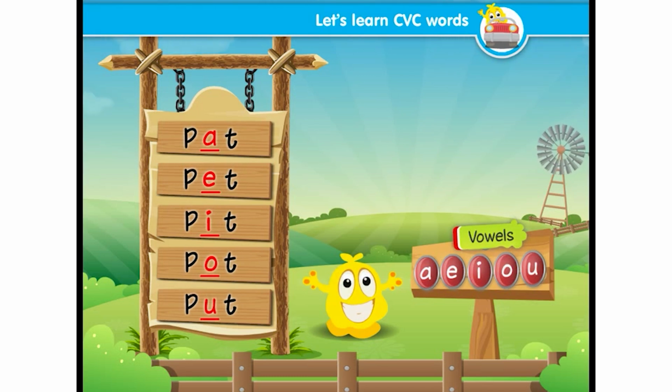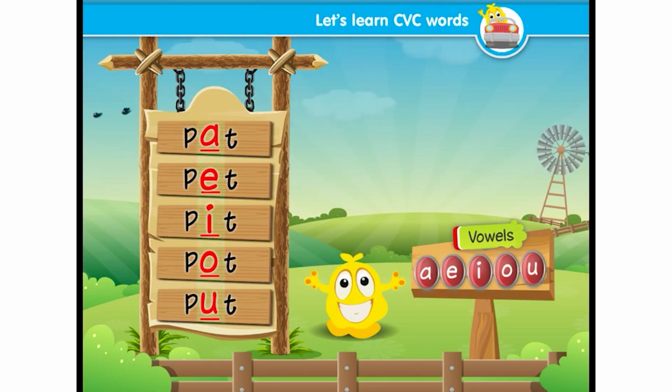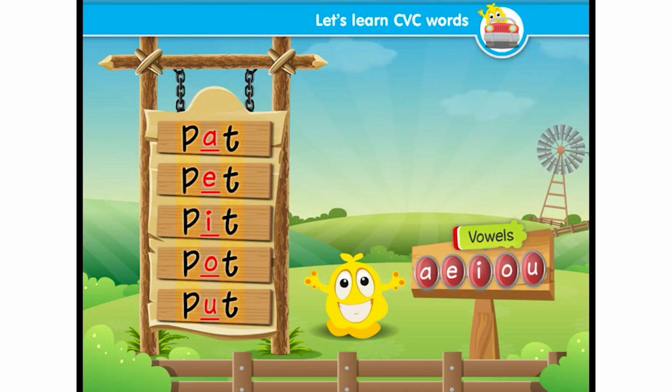And therefore, A, E, I, O, and U are known as vowels, and the rest are known as consonants.